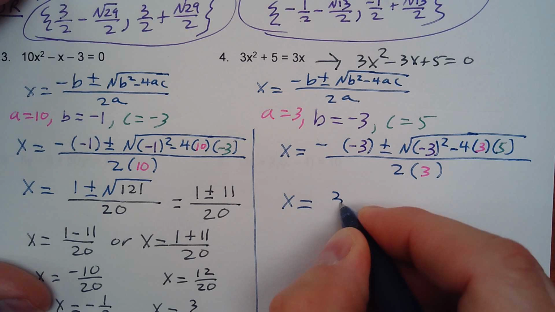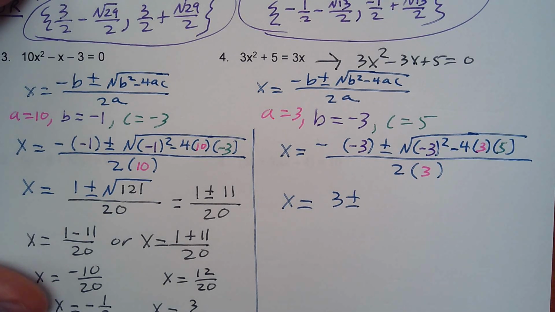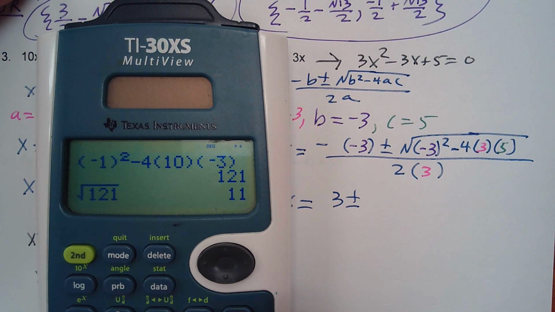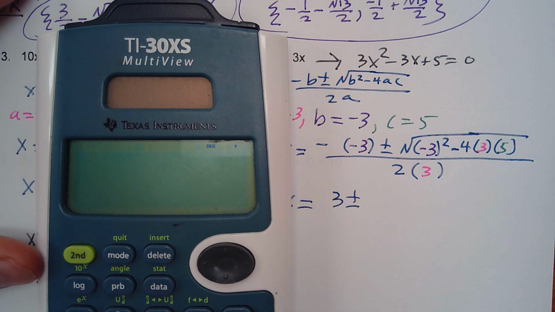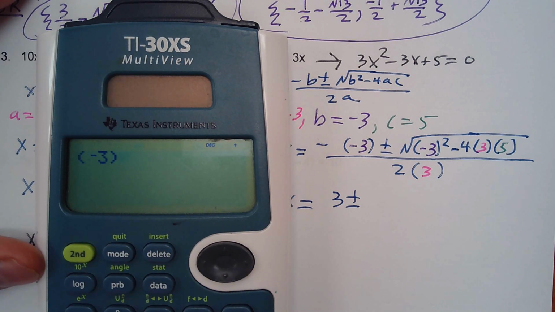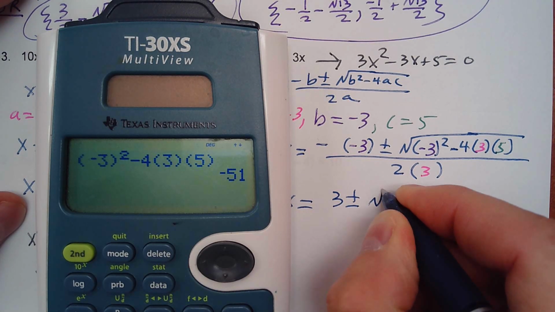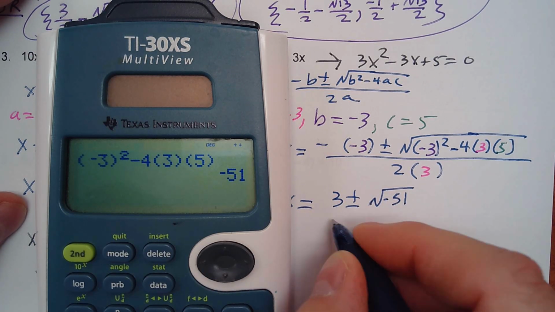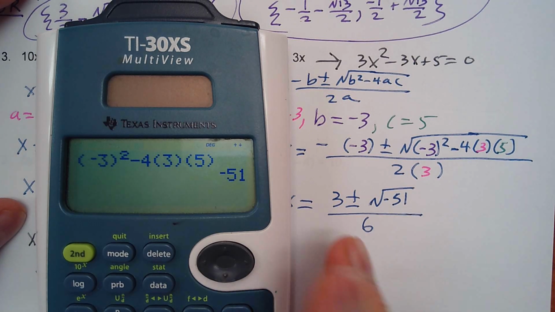So this will give us 3 plus or minus. And let's go ahead and work out what we got underneath the square root. So this would be a negative 3 squared minus 4 times 3 times 5. Ooh, it's a negative 51, so we have square root of negative 51 over 6.